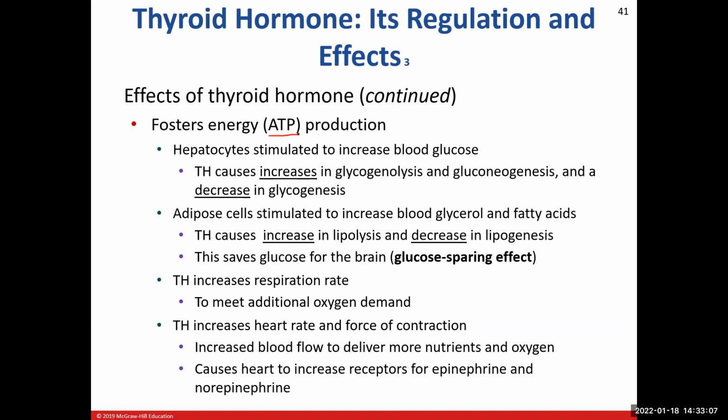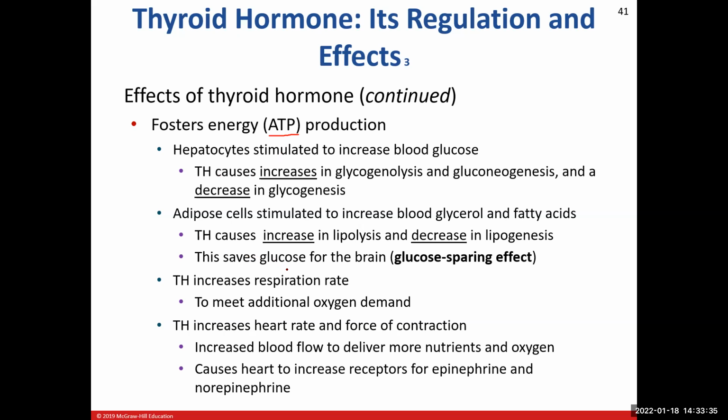Also, all right, remember the best stored form of energy is triglycerides. And so we are going to take what triglycerides that are stored and we're going to put them back out to circulation. Well, at the same time, we're going to decrease, okay, the storage of those triglycerides. This is great because the cells in the body will go after those triglycerides.